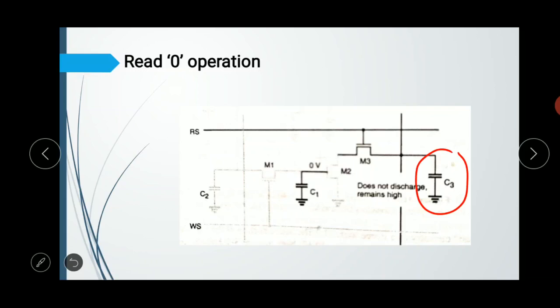In the pre-charge operation C3 is fully charged, but since M2 is turned off, there is no path between C3 and ground. So C3 does not discharge, and the logic high level on the D out column is interpreted by the data read circuitry as a stored 0 bit. So this is all about the read 0 operation.